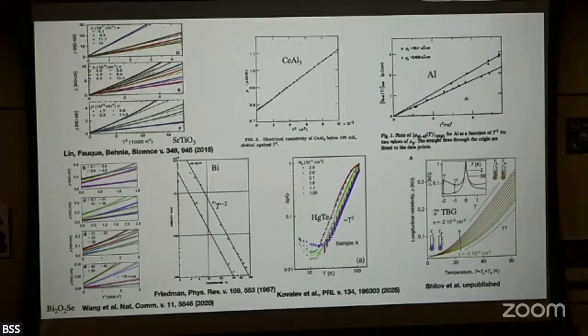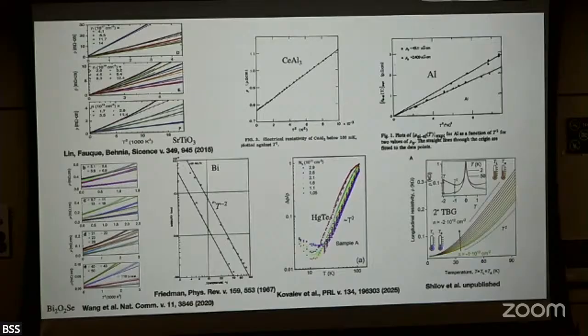He measured DC resistivity. He saw a T-squared term, but what he said, look, guys, the Fermi surface is a tiny drop at the gamma point of the Brillouin zone. There is no way Umklapp can happen under these conditions. How come we're seeing this T-squared? Of course, he said more things, but this was the main message.